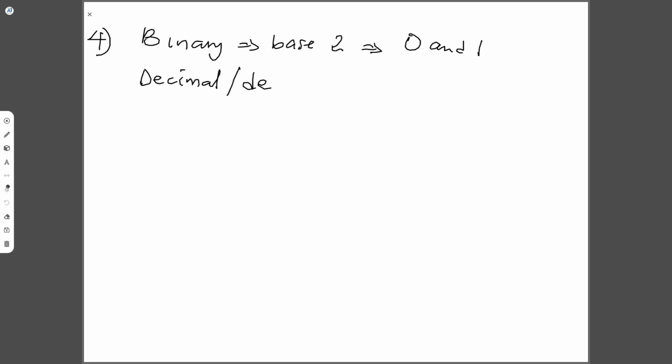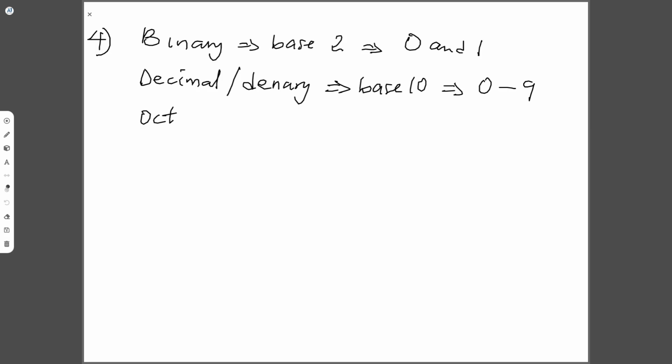The common bases we have in number base. We have binary, which is also known as base 2. It uses 0 and 1. We have decimal, also known as denary, called base 10, and it uses values from 0 to 9.